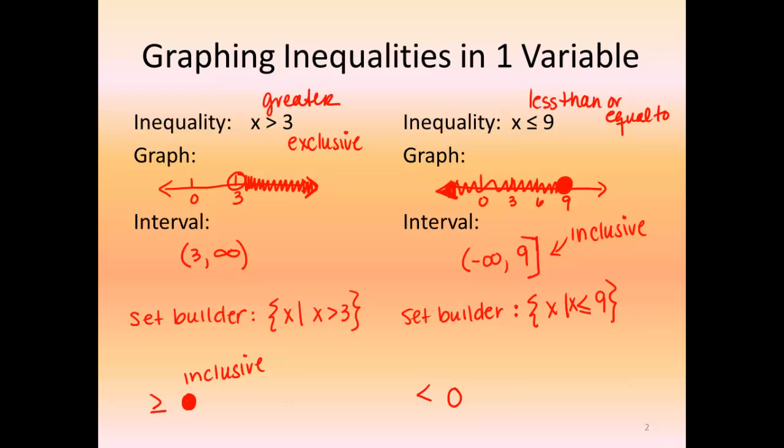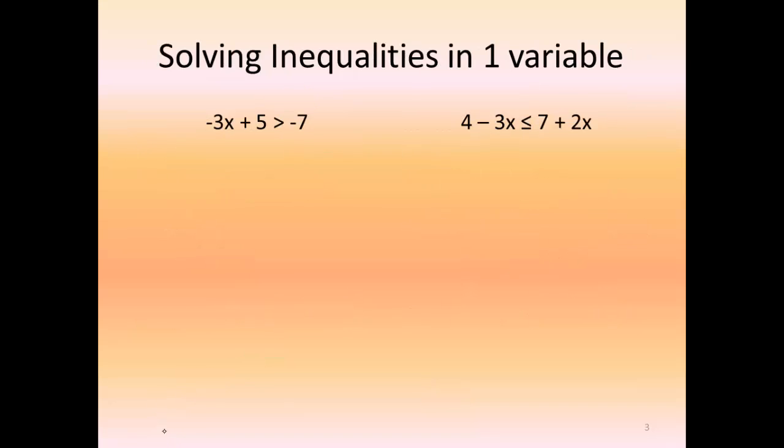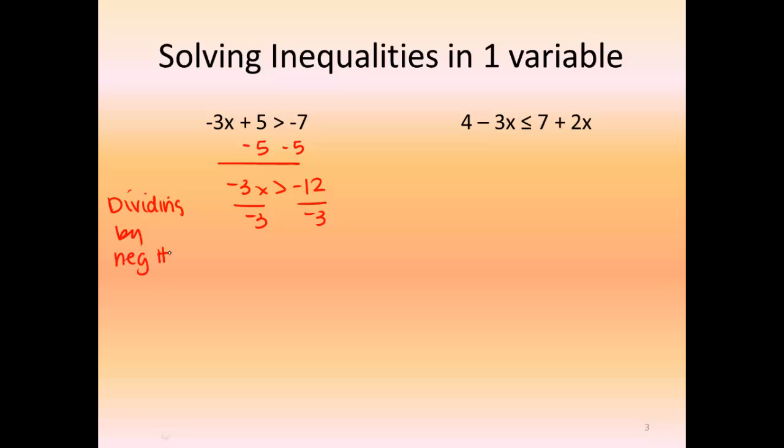All right, let's go ahead and actually try to solve some of these. On this screen, I'm going to solve this using the same setup that we would have in an equation, with one extra thing. Let's get started. I'm going to subtract 5 from both sides. And in this step, because I am dividing by a negative number, I'm going to have to switch my symbol.